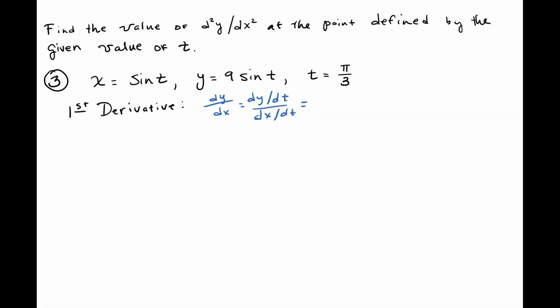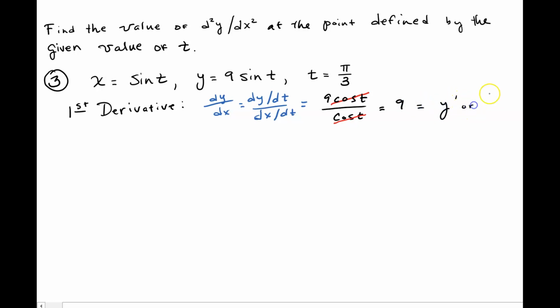What does that look like? Well, it's just the derivative of y. The derivative of 9 sine t is going to be 9 cosine t, divided by the derivative of sine t, which is just cosine t. You should start seeing that the cosines cross out. It gives you a 9. So this represents your y prime, or your dy/dx.